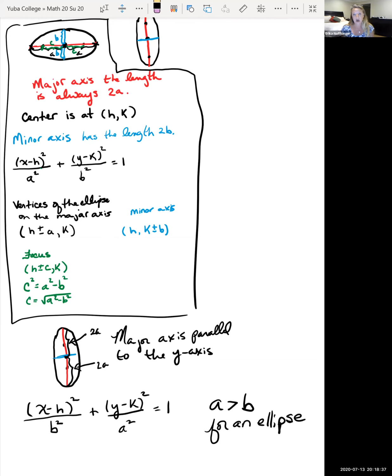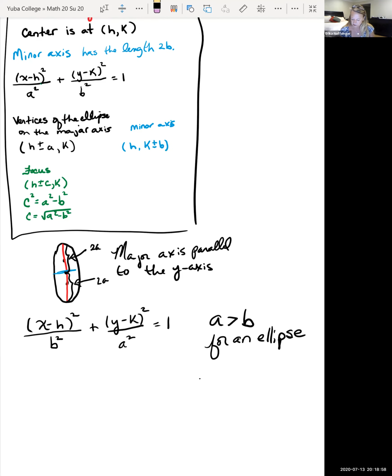So it depends, looking at our denominators, which value is bigger. If the bigger value is underneath the x terms, then it's going to be parallel with the x-axis, is how I remember. And if the bigger value is underneath the y terms, then it's going to be parallel with the y-axis.